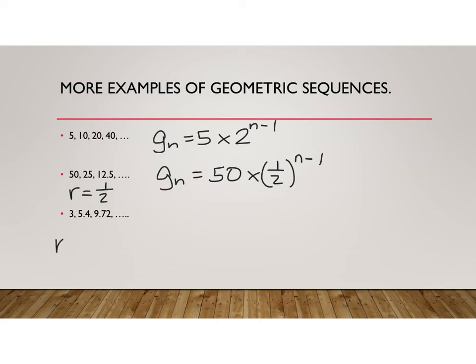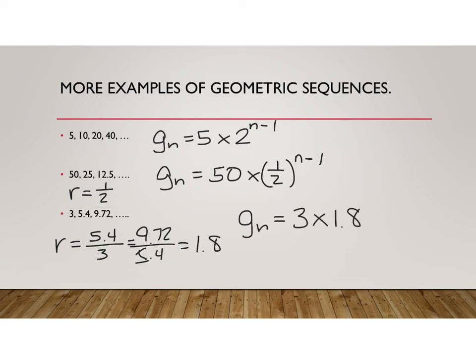This next one, if you think it's geometric, take 5.4 and divide by 3. Or 9.72 divided by 5.4. And I believe you get 1.8 in both cases, which means it is geometric. The formula would be 3 times 1.8 to the n minus 1 power.